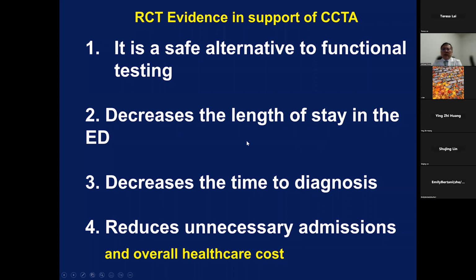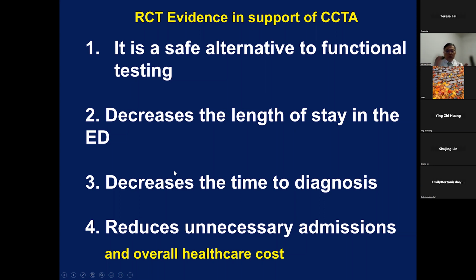So the randomized controlled studies, the three that I showed you, and one I did when I was at Stony Brook, all show that it's safe to use CCTA, an anatomical test, rather than a functional test like nuclear or stress echo. It decreased the length of stay in the emergency room or in a doctor's office. It decreased the time to diagnosis, which is very important. Imagine a patient goes through a stress test and the results are not very definitive and you have to schedule another test.